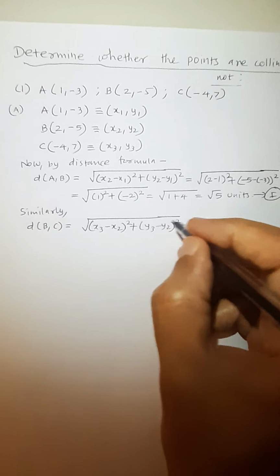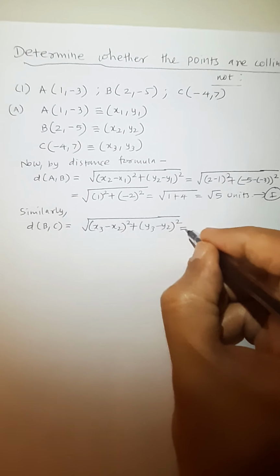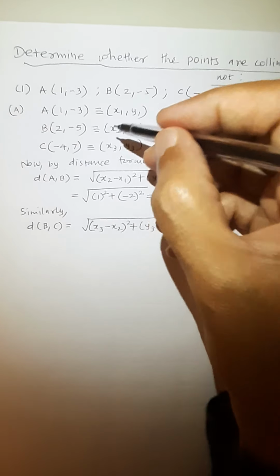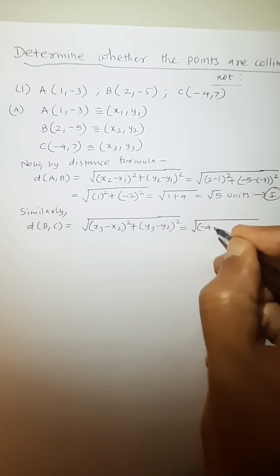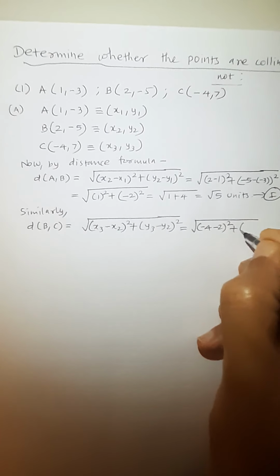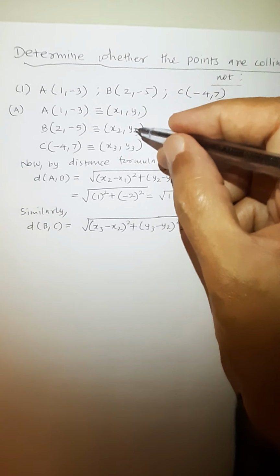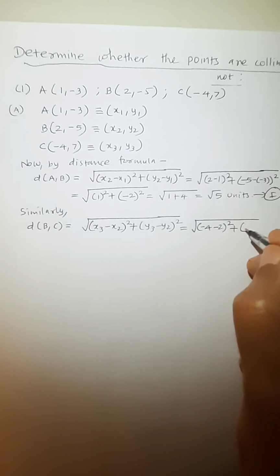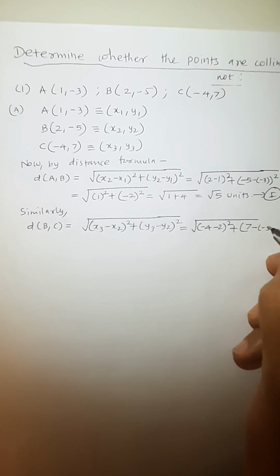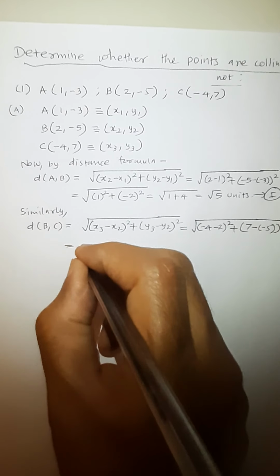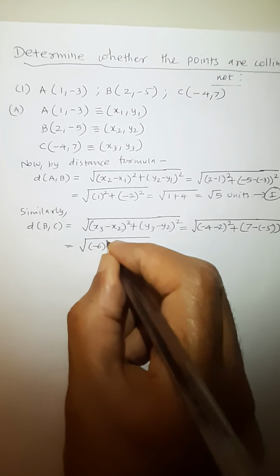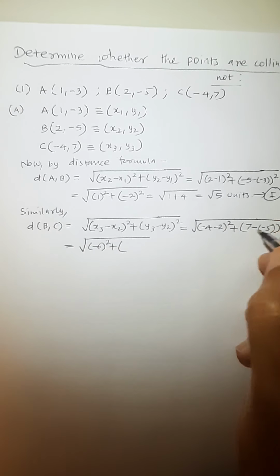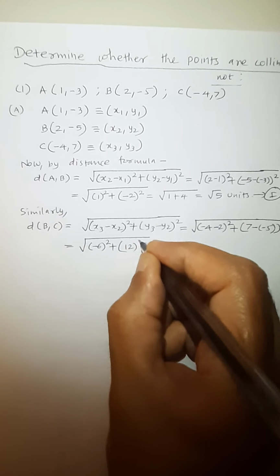Take this line up to the end of the formula, which is equal to x3 minus x2, so minus 4 minus 2 the whole square plus y3 minus y2, 7 minus minus 5 the whole square, two brackets I have to make. Minus 4 minus 2 is minus 6 the whole square plus 7 plus 5, that is 12 the whole square.